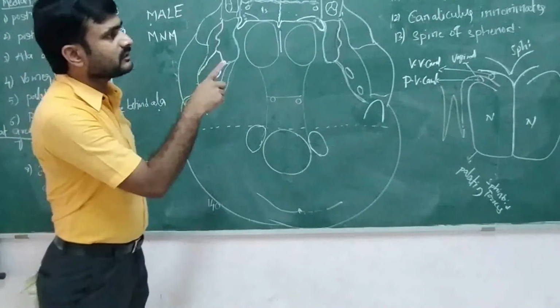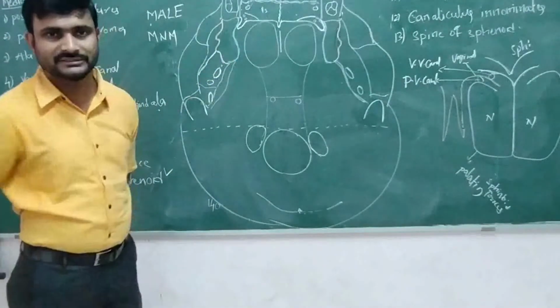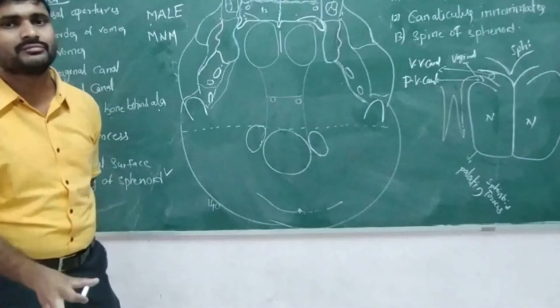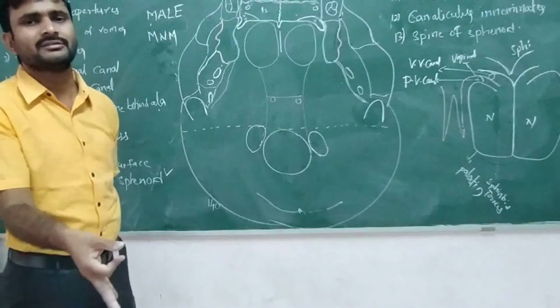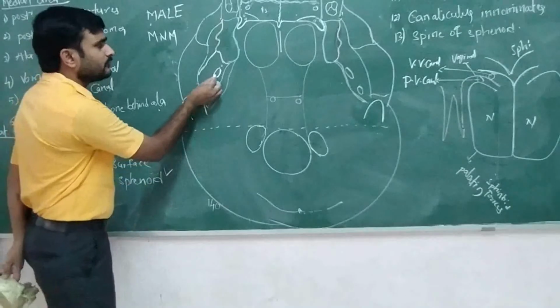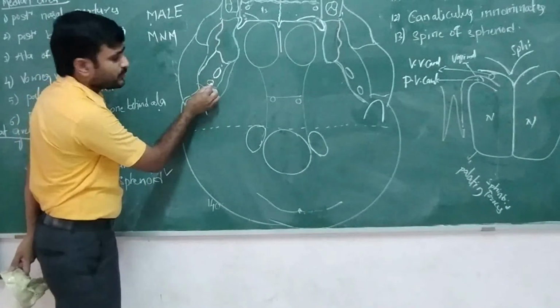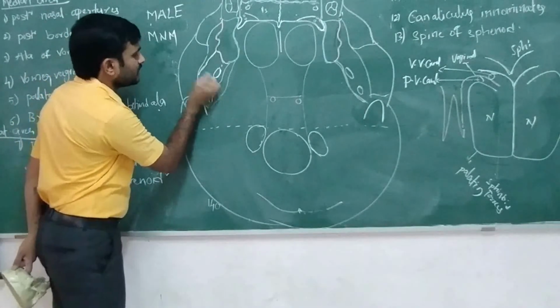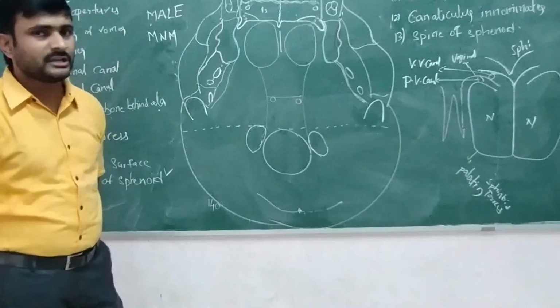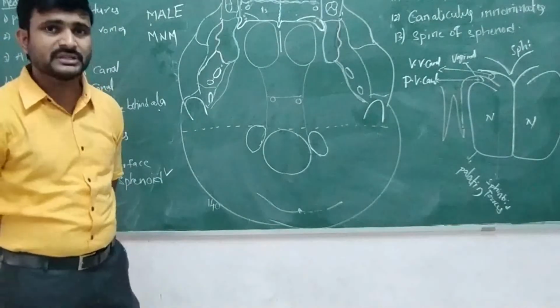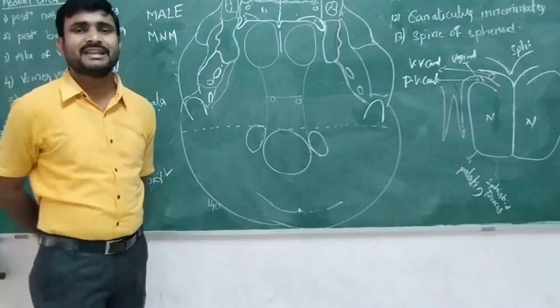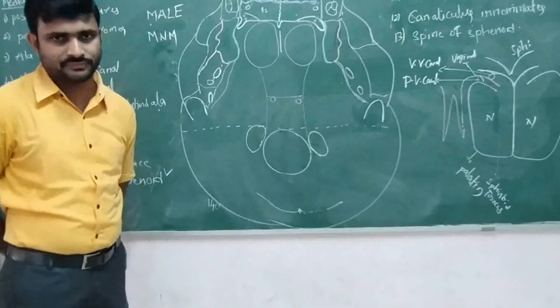One more is there, the canaliculus innominatus. Innominate means there is no name. Canaliculus means a small opening. It is present between the foramen ovale and the foramen spinosum. It is also not regularly present. If it is present, one nerve passes, the lesser petrosal nerve.